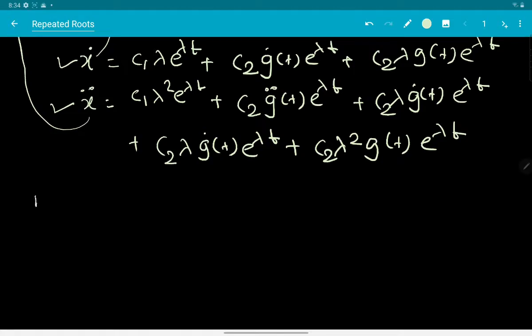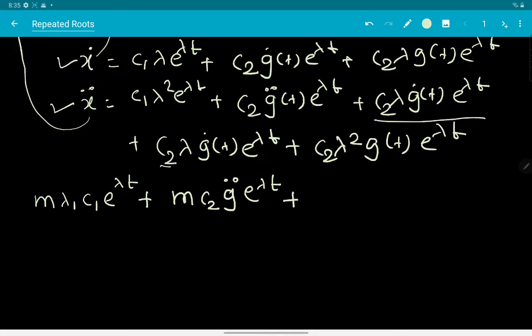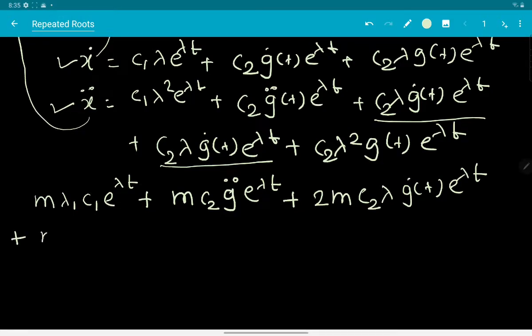So what I'll obtain is m lambda square c1 e raised to lambda t plus m c2 g double dot e raised to lambda t plus this term, and this term is identical, so they'll get summed up and we'll end up with 2 m c2 lambda g dot of t e raised to lambda t plus this last term is remaining, m lambda square c2 g of t e raised to lambda t. Okay, so this is the first term, m x double dot.